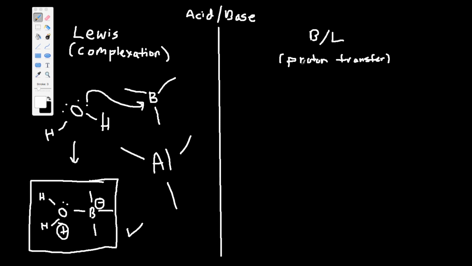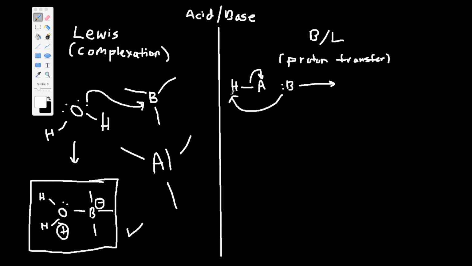Bronsted-Lowry is a proton transfer. So I'm just going to draw this out right here. So we have an acid, which is the donor of the proton, and we have a base, which is the acceptor. So if we draw the products and then draw the curved arrows, this is what happens.